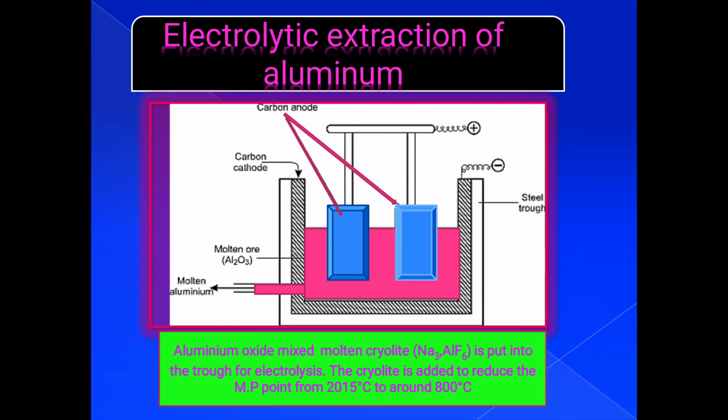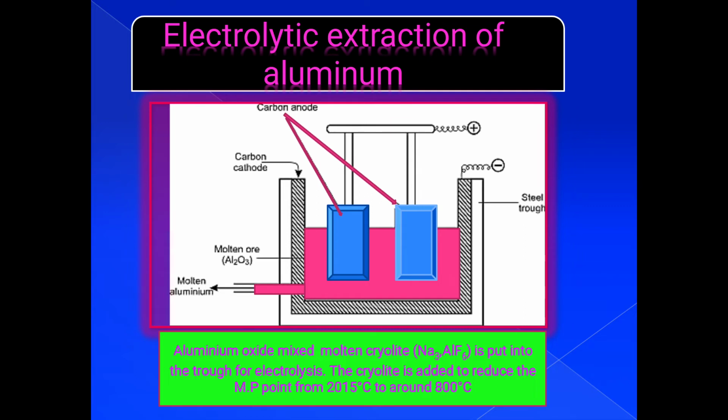It is taken into this kind of cell whereby we have two electrodes, and these are positively charged, like you can see here, and that means that these are two anodes. And then we have a cathode, which goes around the container like this. So the whole container is surrounded by the cathode.